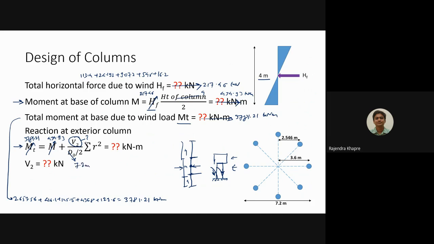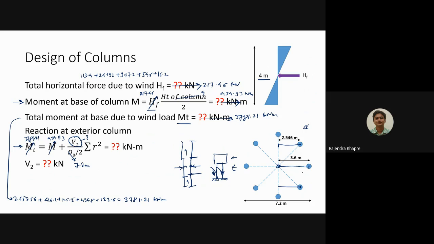If you refer to the figure, from the center you have two dimensions. One is the distance between the center of this column and the vertical axis, and the same is over here also. So we have two columns with a radius from the center of 2.546, which you can calculate using simple mathematics, and the other one is from here to here, where we have only one column.